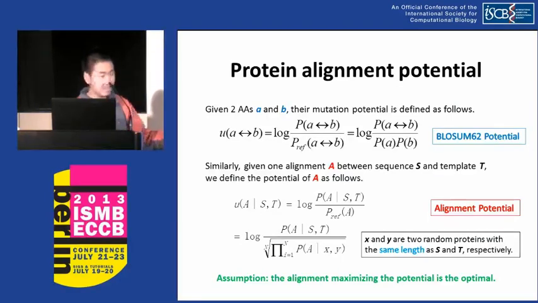In more detail, we use these equations to represent the expected potentials, by randomly sampling a few hundred or a few thousand random pairs x and y, based on the constraint that x and y have the same length as S and T. So finally, we assume that the alignment is optimal only if it maximizes the potential instead of maximizing its probability.